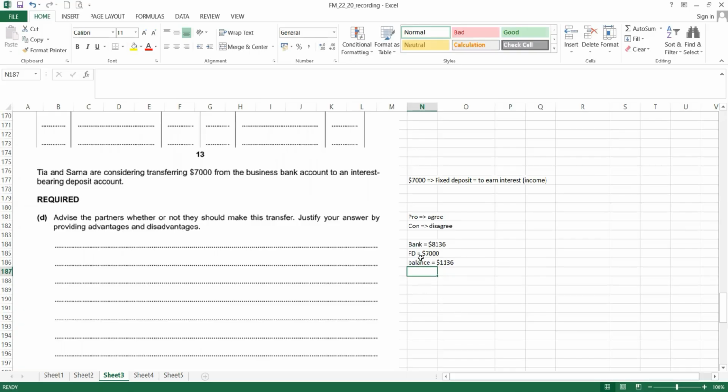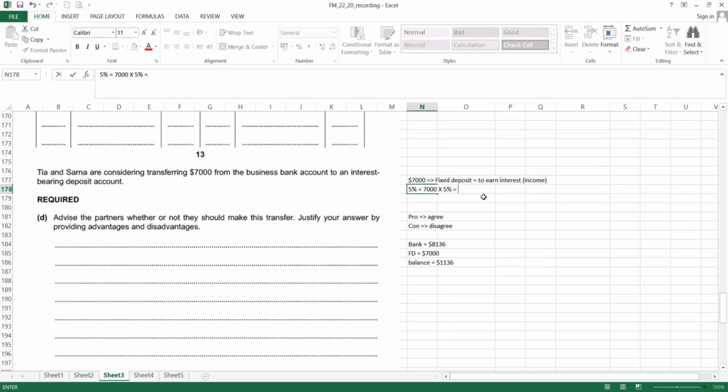Logic thinking. It's good, yes. I put in FD, I can earn some income. But the interest maybe we will get 5%. Let's say 5%, how much you can get for the interest? So 7,000 times 5%.